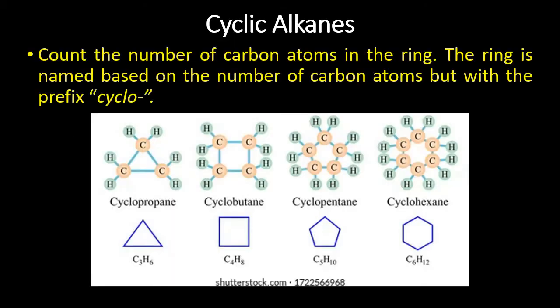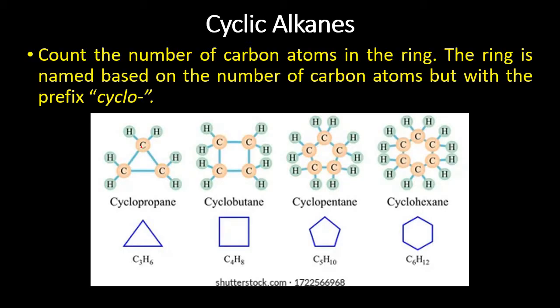So how do we name cyclic alkanes? Our first step is we count the number of carbon atoms in the ring. So the ring is named based on the number of carbon atoms but with the prefix cyclo. So we have the following examples.